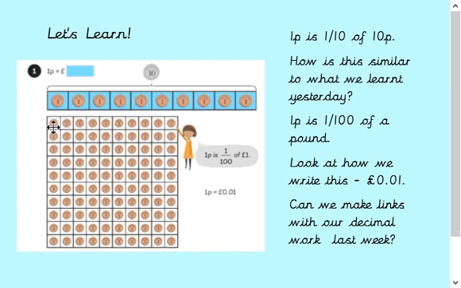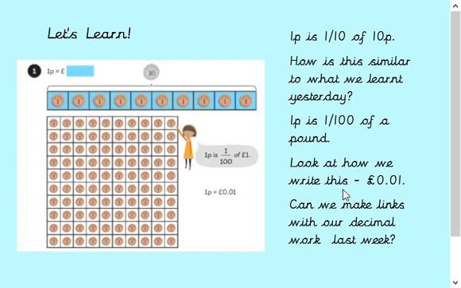We know that there are 10 penny pieces across the top here, but we also have 10 layers of them. So 10, 20, 30, 40, 50, 60, 70, 80, 90, 100. So we have 10 lots of 10 here. We have 100 pennies making 1 pound. This would mean that 1 pence would be 1/100th of a pound.